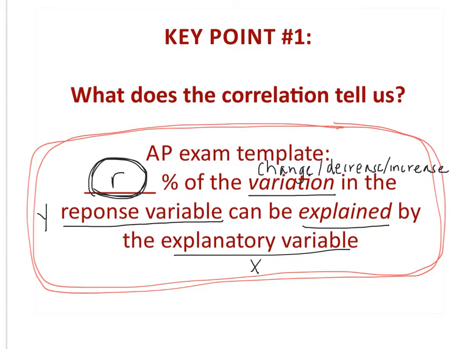So we're going to see some examples of this in this video and in class, but make sure you get this template down. This is just like a conclusion statement that we've been working with. We use this format every time we interpret the correlation.